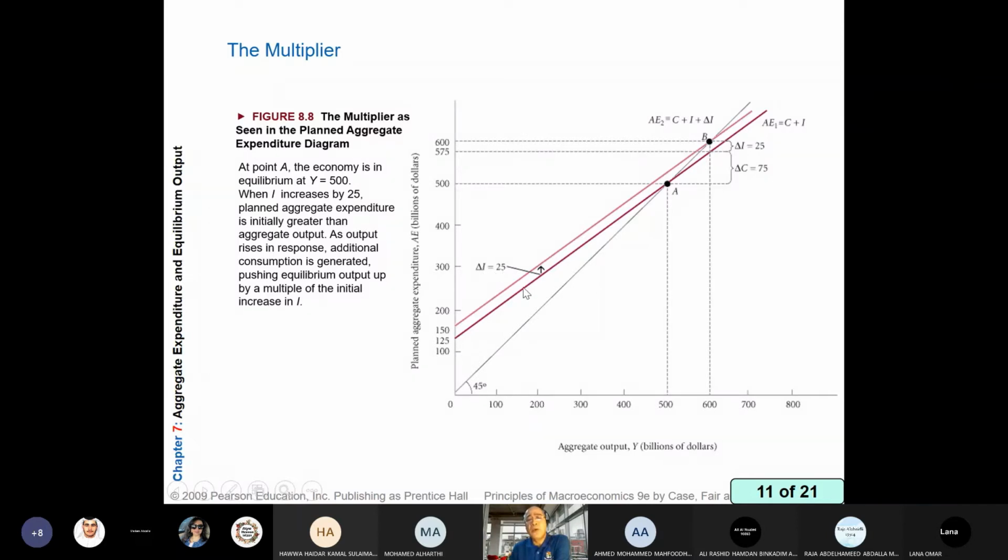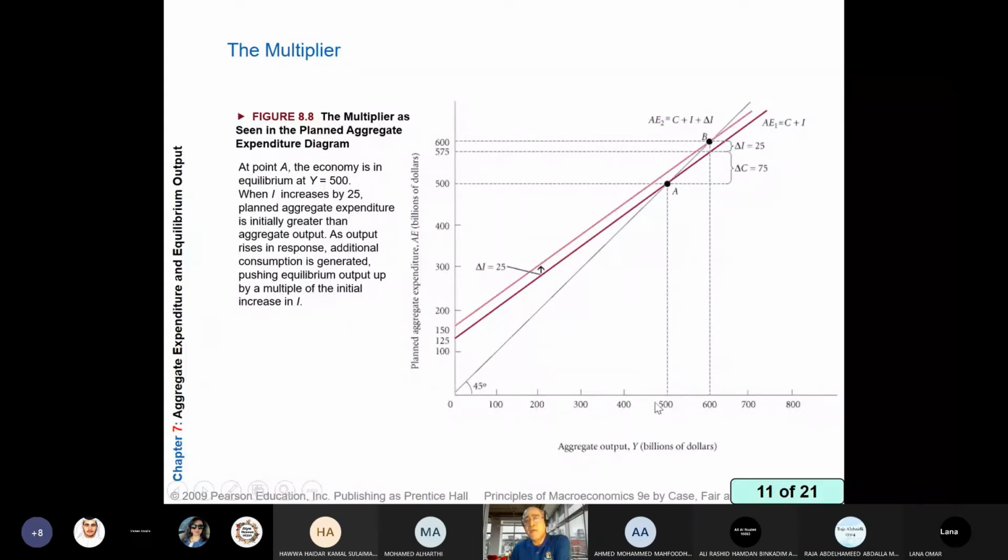So I will draw a new planned aggregate expenditure. I will bring AE1 up the vertical distance equal to 25, the increase in planned investment. So we got AE2, a new planned aggregate expenditure.